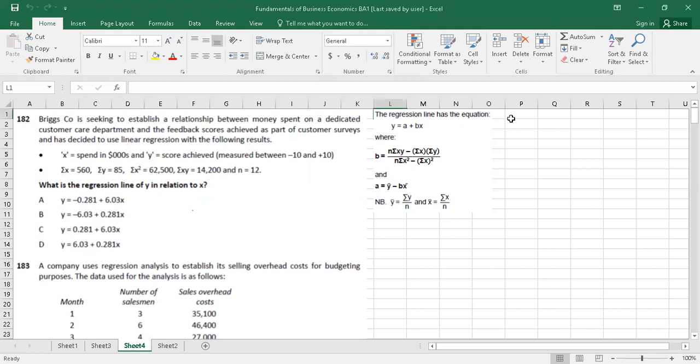So this is question number 182. So for that, we need to know what is first B is equal to. So B is equal to, we'll put the numerator first. So N is 12, 12 into 12 into sigma XY is 14,200.